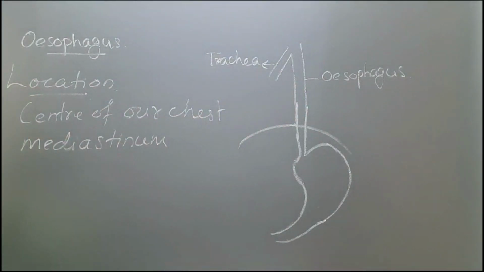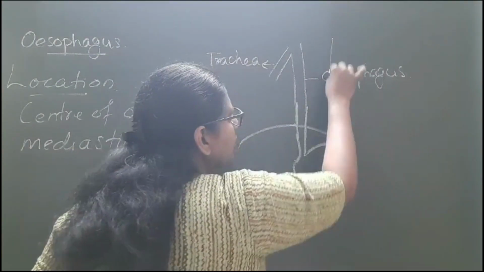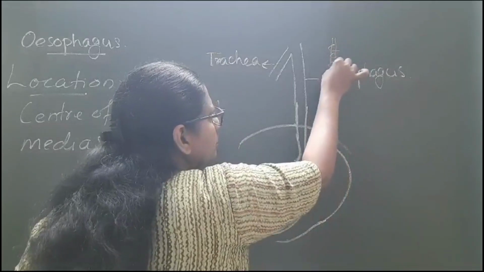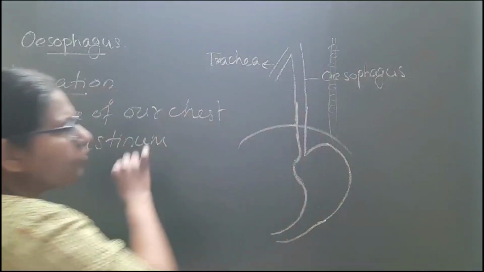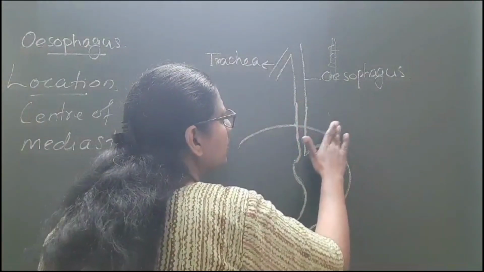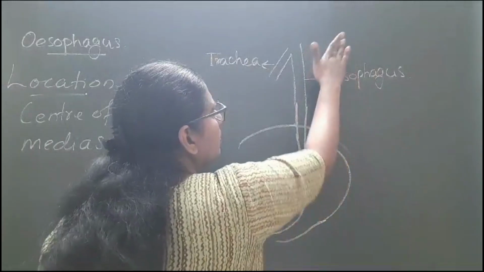The esophagus lies behind the trachea, in front of the spine, where the spinal cord goes.